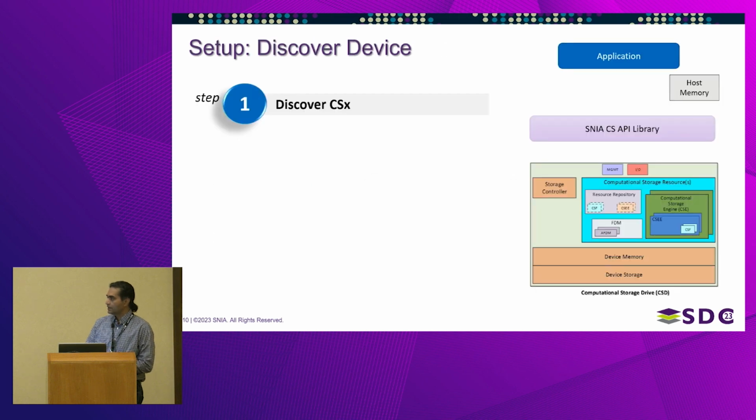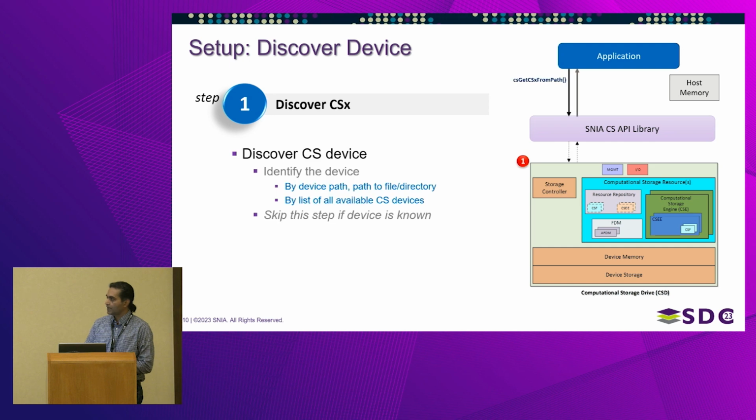So with discovery of the CSX, you have an API that, given the device path or a file or a directory, from an application perspective, you're more used to knowing a device by /dev/nvme0n1, something of that nature.